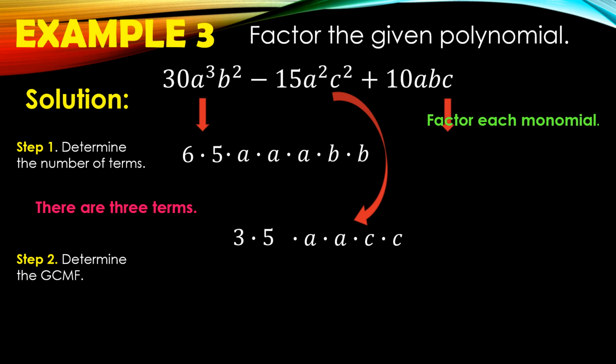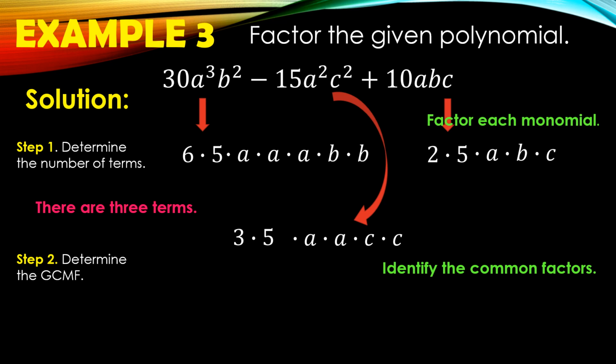And the last monomial you factor out. What are the factors of 10? The factors of 10 are 2 times 5. And then factor out a times b times c. Now, identify the common factors among the three.